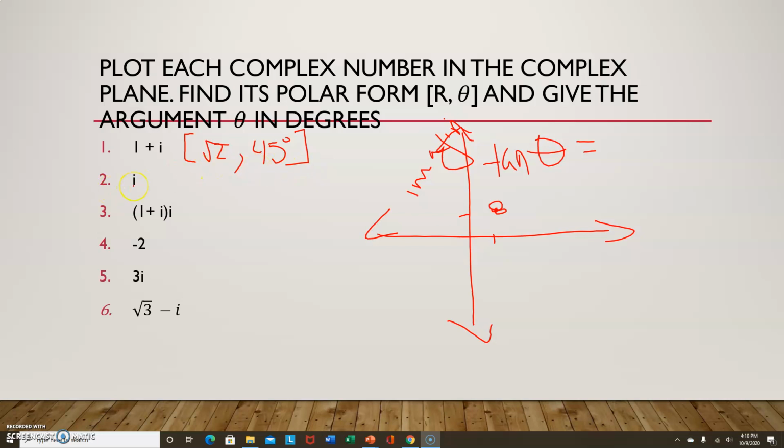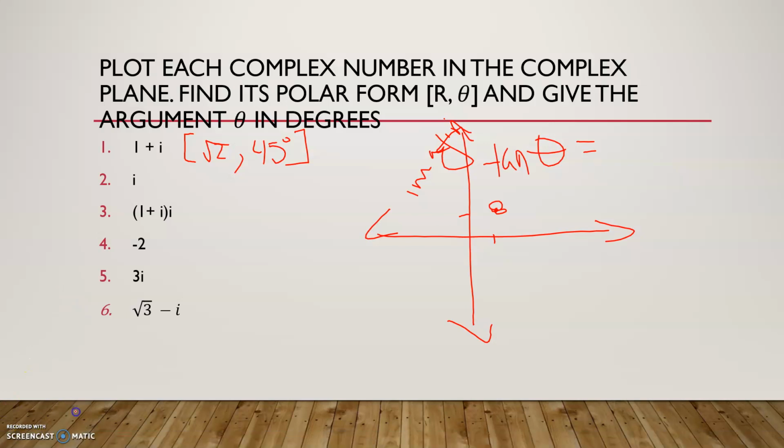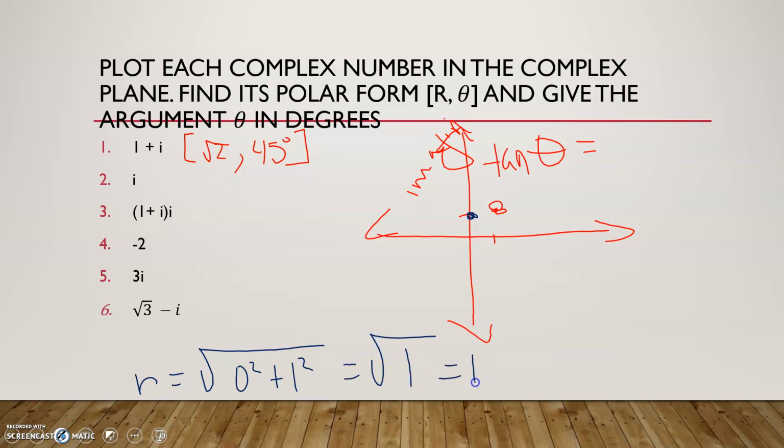For the next one, we have just plain old i. If I plot it, just plotting on the imaginary 1, this would be where it will be plotted. For r, we will find it by saying r is equal to the square root of 0 squared plus 1 squared, which is just the square root of 1, which is 1, so r is 1.